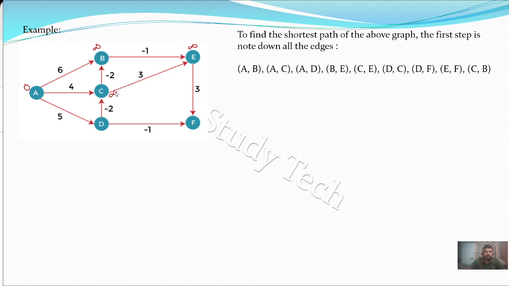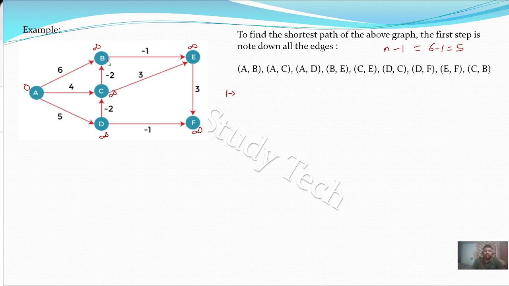A is the source vertex, and we have to find the distance from the source vertex to all other vertices. How many times can you iterate? N minus 1 times, that is 6 minus 1, which is 5. So in 5 iterations, first iteration.